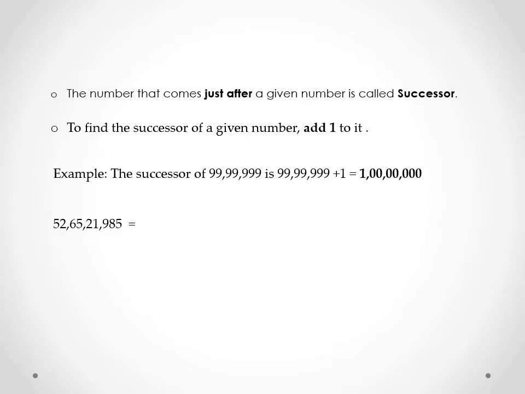Similarly, the successor of 52 crore 65 lakh 21,985 is, just add 1, you get 52 crore 65 lakh 21,986. One more example.